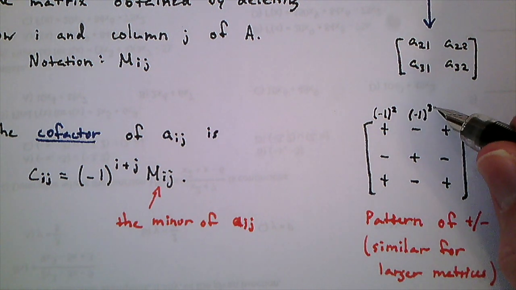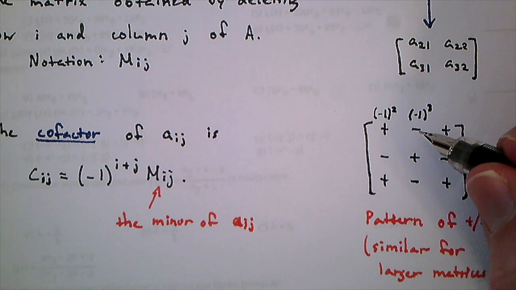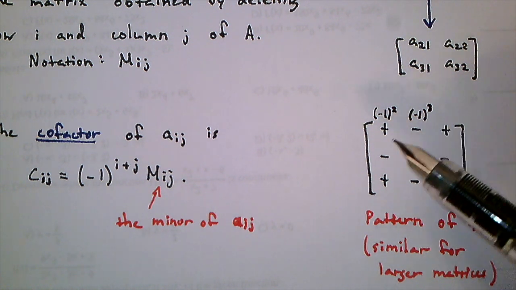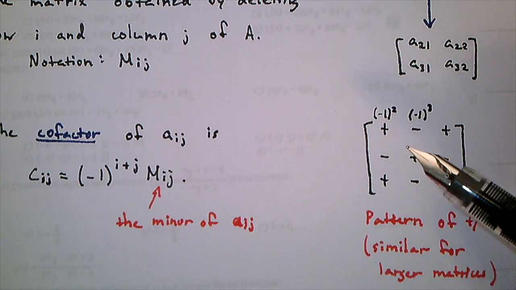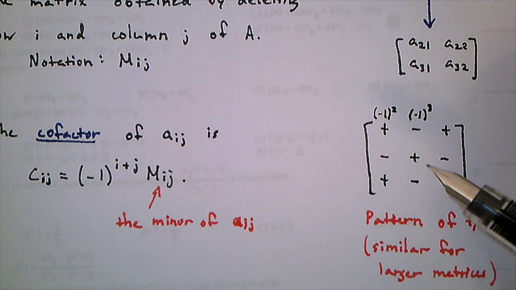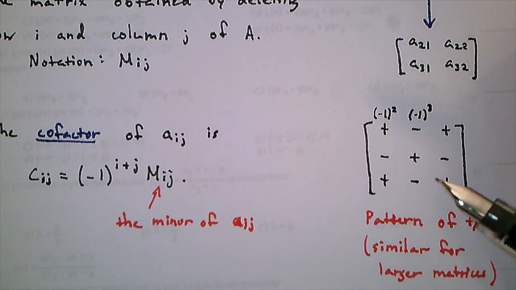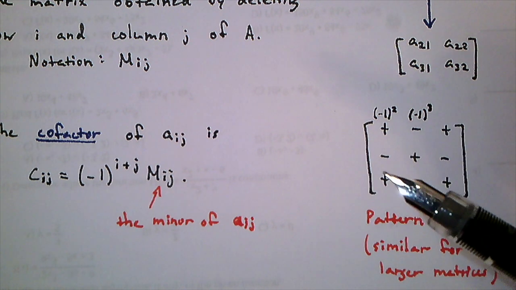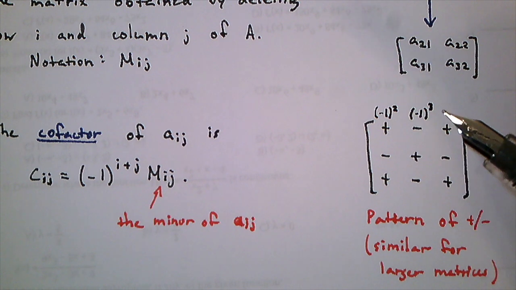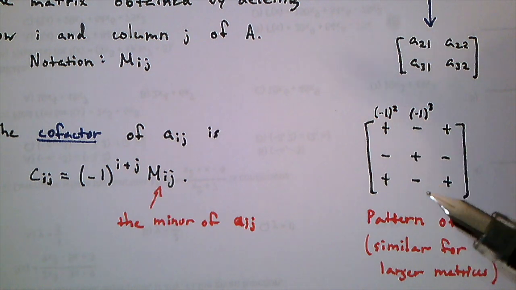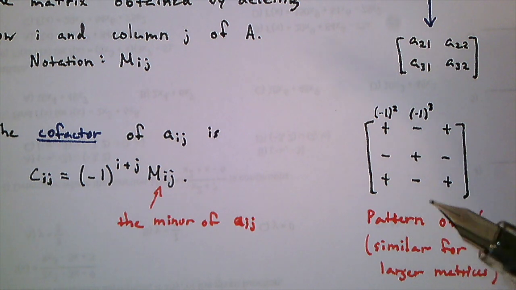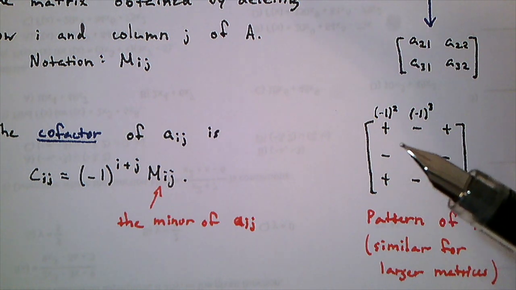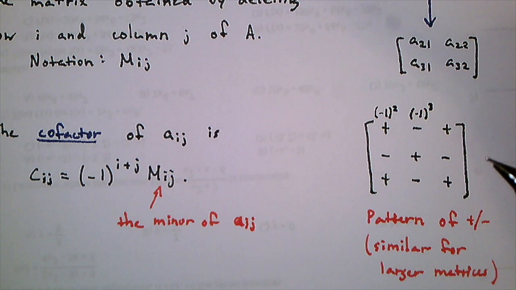And -1 to an odd power is -1. And this is what the pattern looks like for the whole matrix. So you notice that the plus sign stays on each diagonal, so this diagonal and this diagonal. And then the minus signs also go on diagonals. And if I had a bigger matrix, like a 4 by 4, this pattern would continue. So the pluses and minuses just alternate.